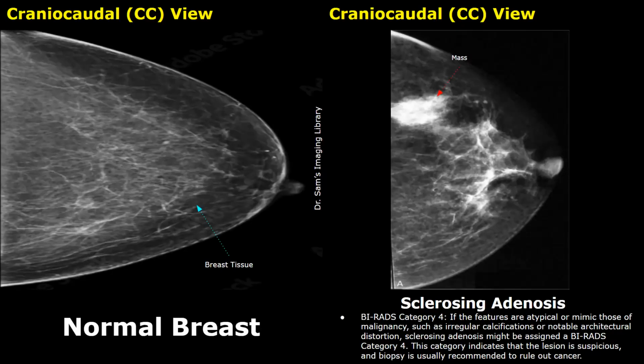Suspicious features such as ill-defined margins and microcalcifications may lead to its categorization in BI-RADS 4. So if irregular margins and suspicious microcalcifications are seen, a score of BI-RADS 4 is given and biopsy is recommended.